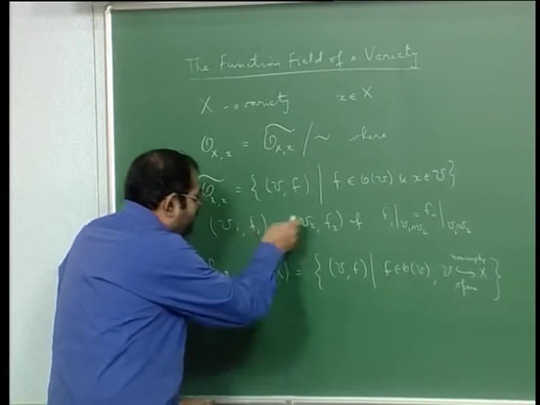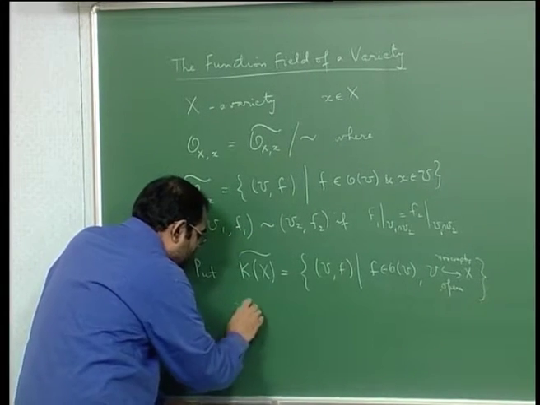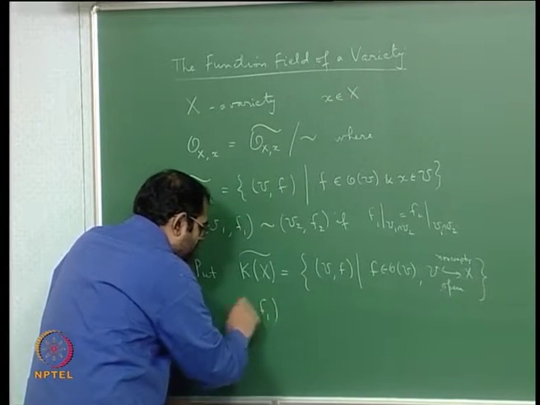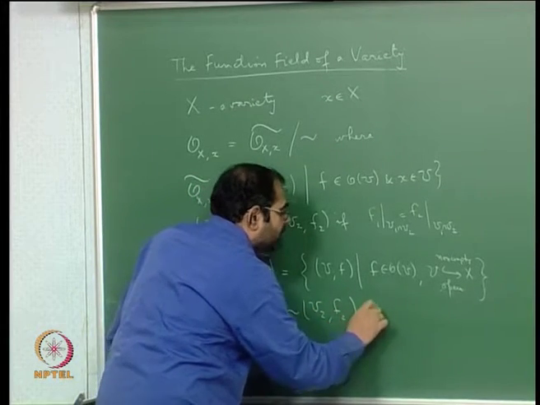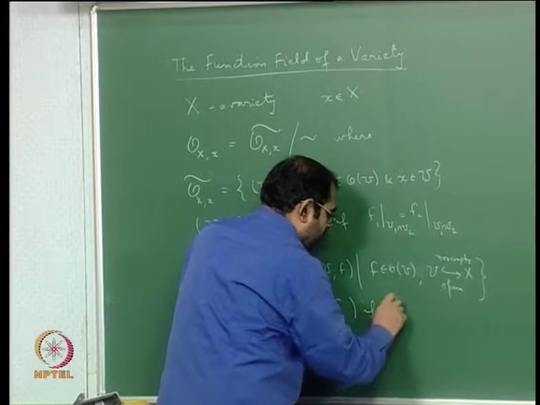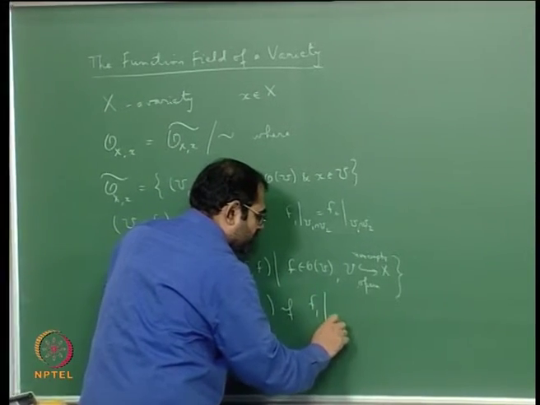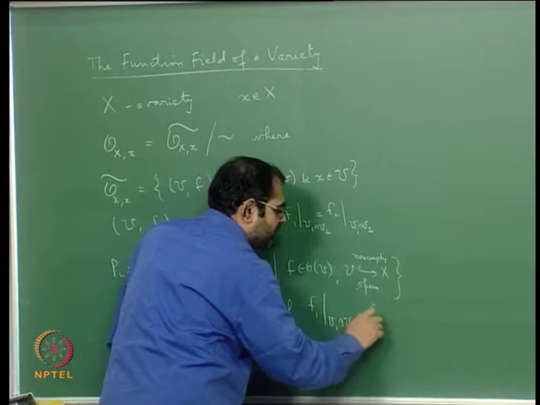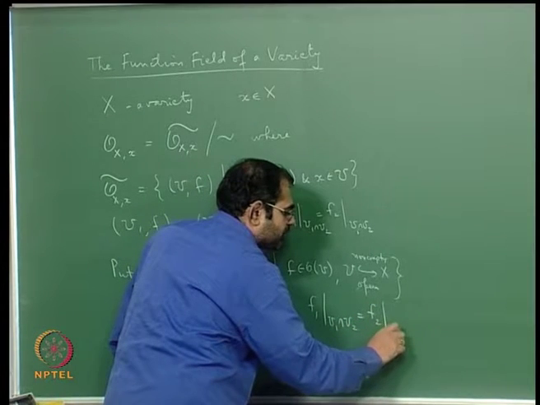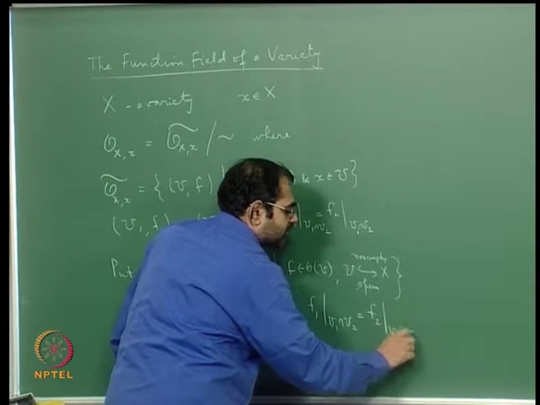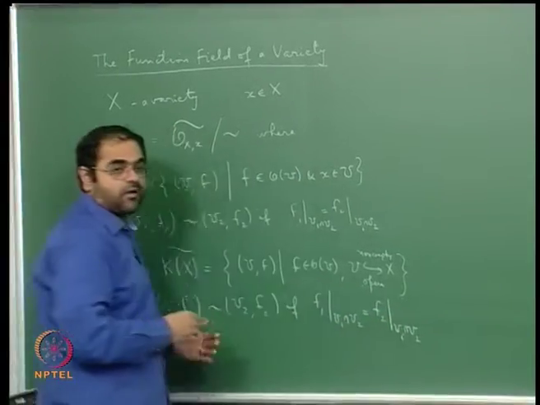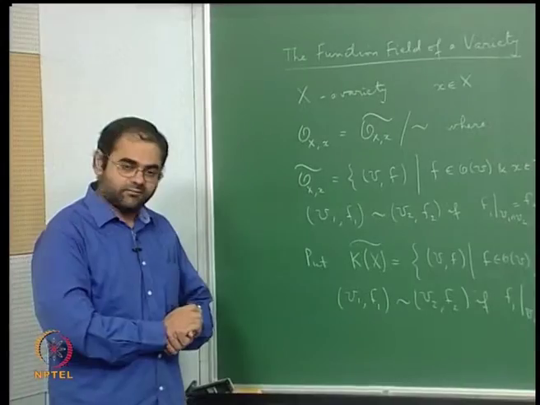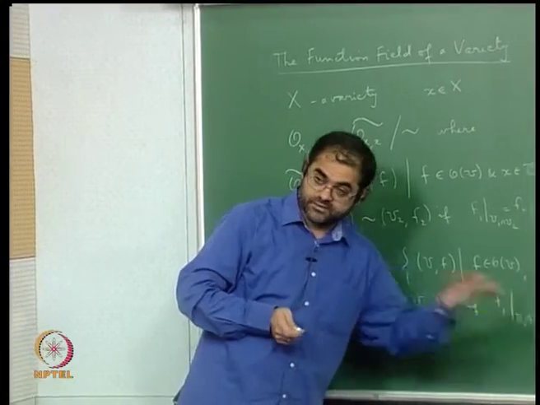Now you define the same equivalence relation: (U1, f1) is equivalent to (U2, f2) if and only if f1 restricted to U1 intersection U2 is equal to f2 restricted to U1 intersection U2. Of course, you need not require it on all of U1 intersection U2, it is enough to require it on a non-empty open subset of U1 intersection U2.